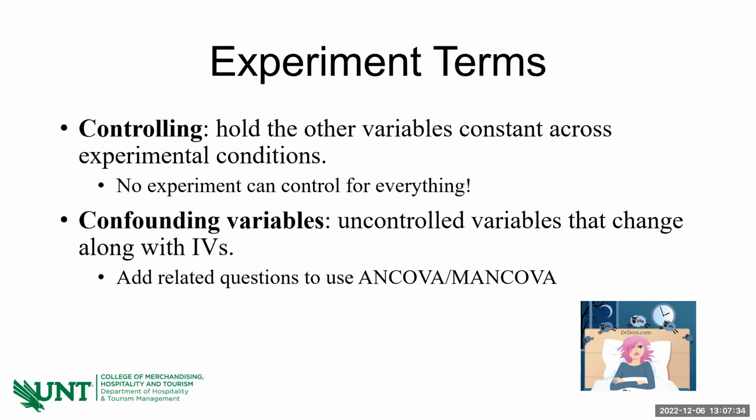However, no experiment can control for everything, especially if you're conducting a field experiment. It's even harder. For a lab experiment, it might be easier. You are asking your participant to come to your lab, and the lab has a set environment that is constant for any participant.